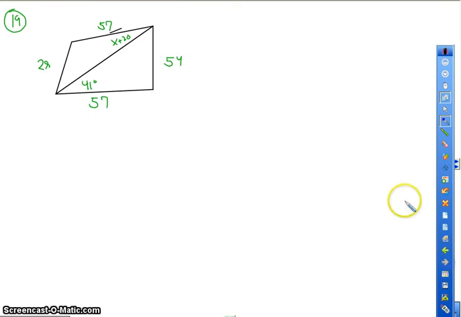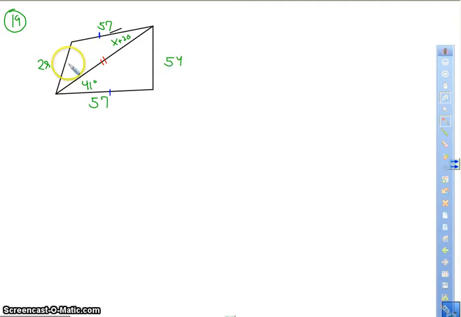Now I wanted to look at one where we're solving for an angle as well. So I have that 57 is equal to 57, and I know that this side is congruent to itself. So I have a side, side, side inequality because two of the sides are congruent.